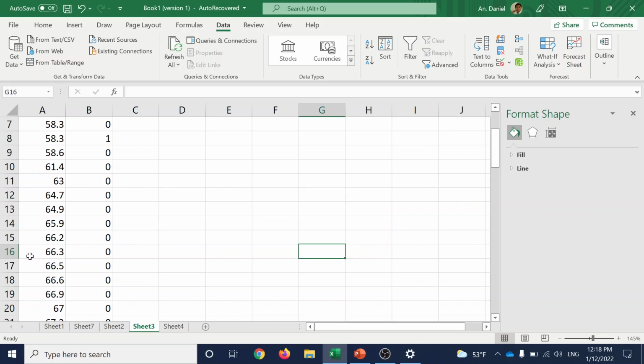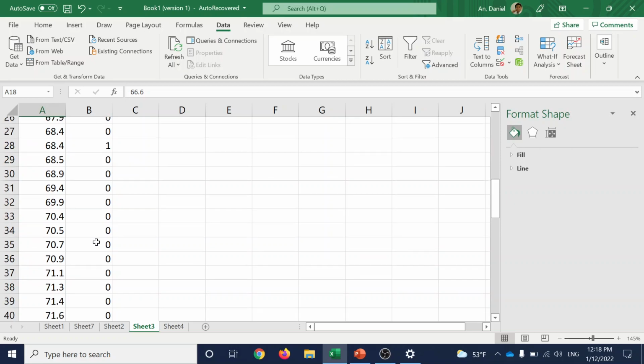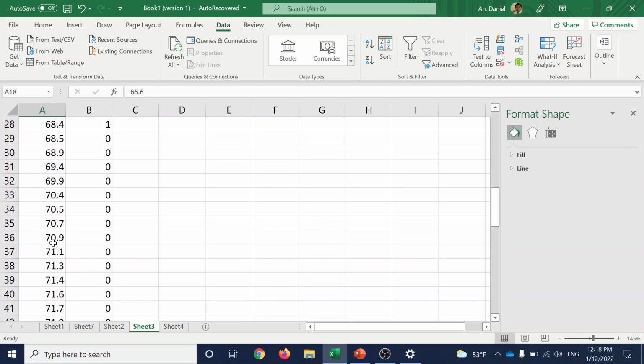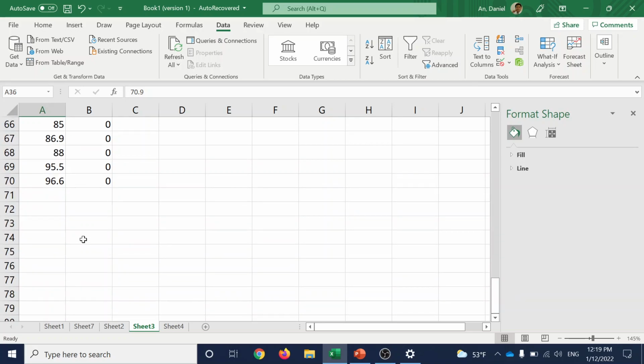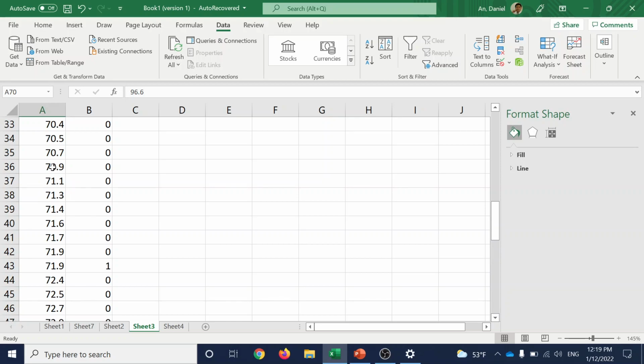So the 18th number, which is 66.6. Now let's move on to 36 until 70. For this, I also need to get the 18th number. So let's just count from here. That's 1, 2, 3, 4, 5, 6, 7, 8, 9, 10, 11.